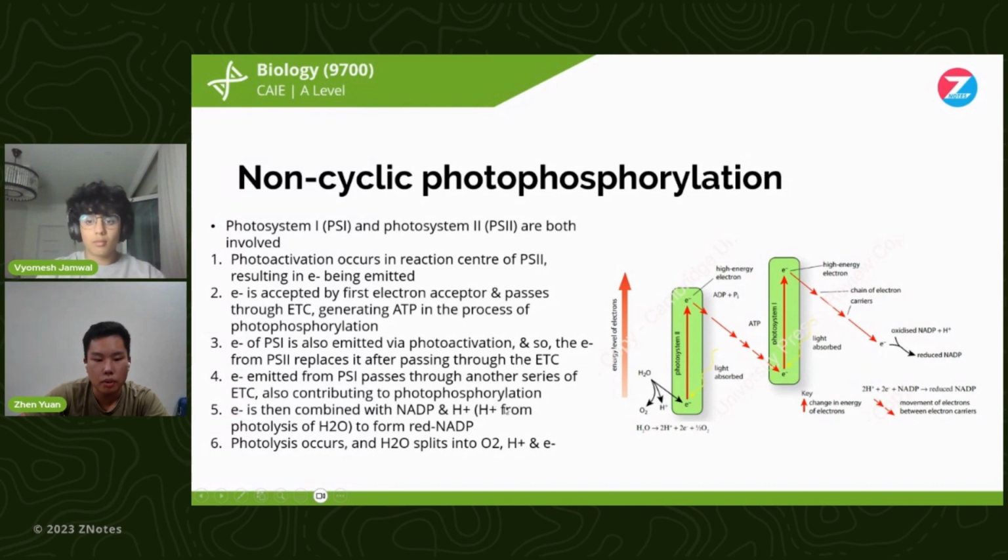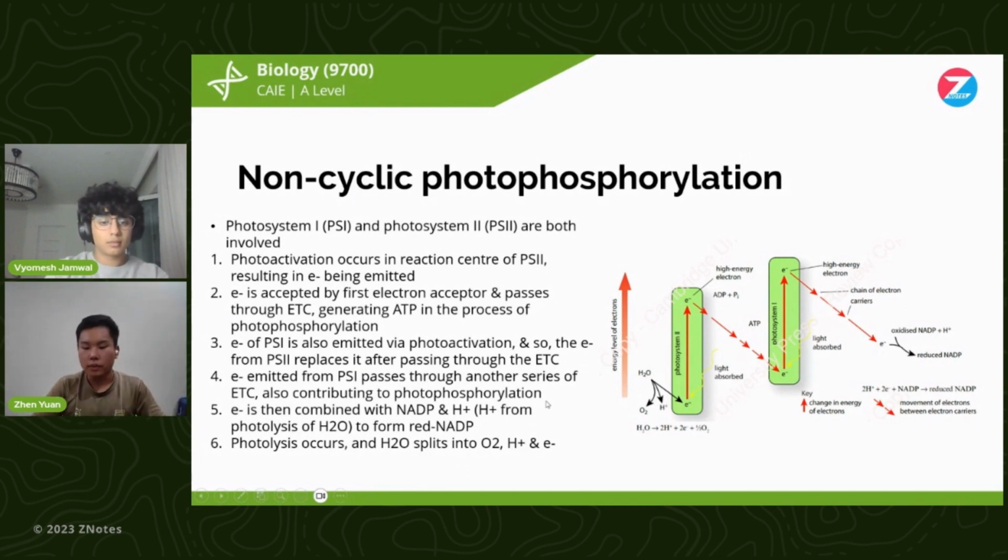Where do we get the H+ from? Well, it's from your photolysis of H2O. See, you still have your extra H+ here to form reduced NADP. So when photolysis occurs, as I said before, your water splits into your oxygen, hydrogen ion, and electron.